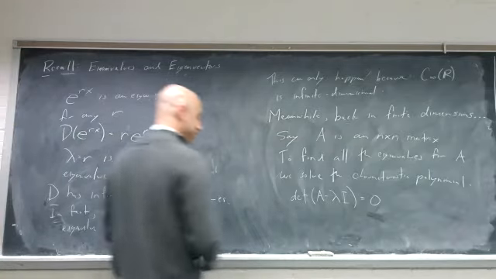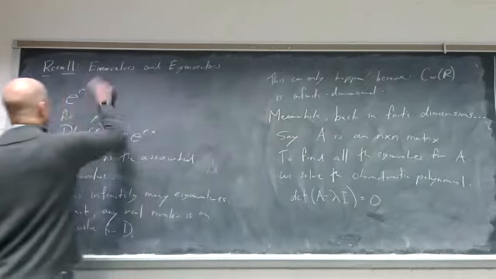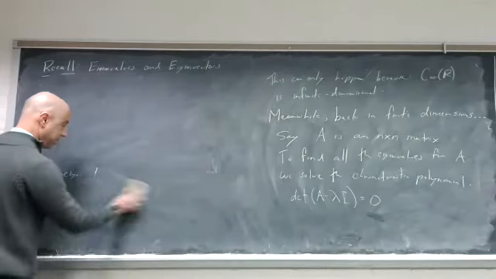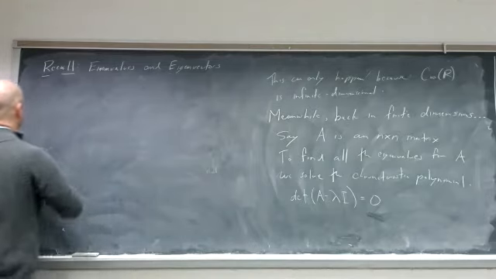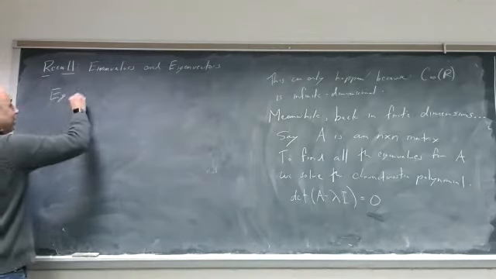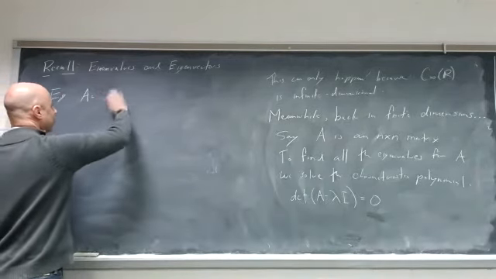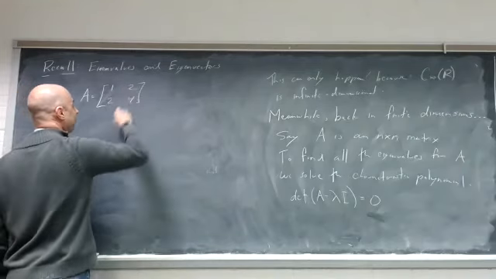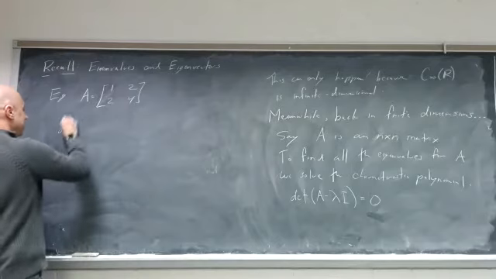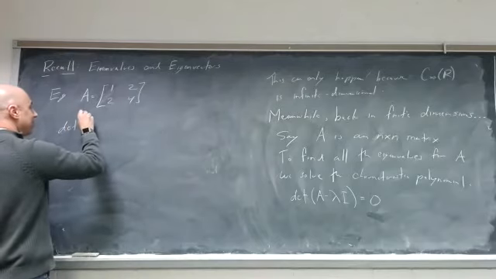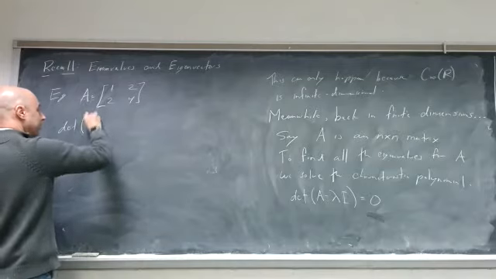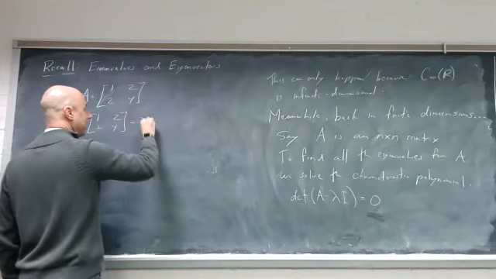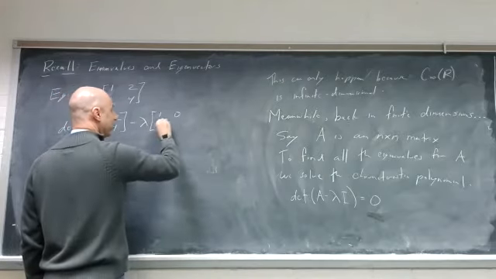So for instance, if our matrix A was 1, 2, 2, 4, we would take the determinant of 1, 2, 2, 4 minus lambda times the identity 1, 0, 0, 1.